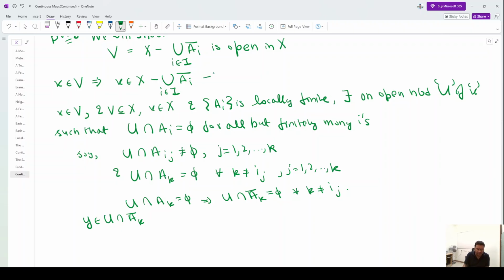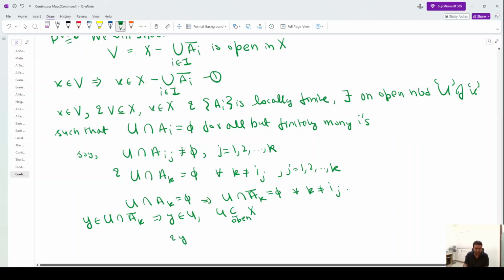So let us call this 1 because we haven't used it yet. So this implies y belongs to U. U is open, okay? Open in where? Your set X, and y belongs to AK closure.